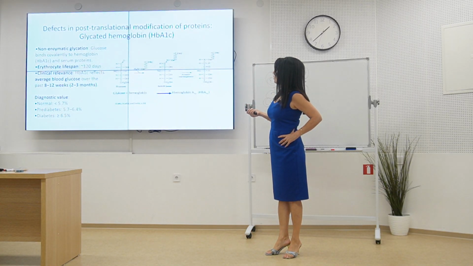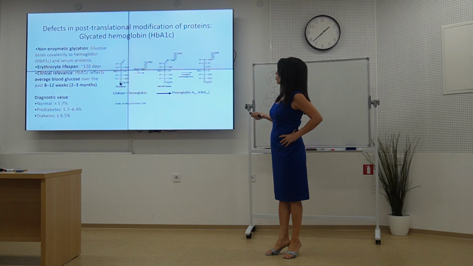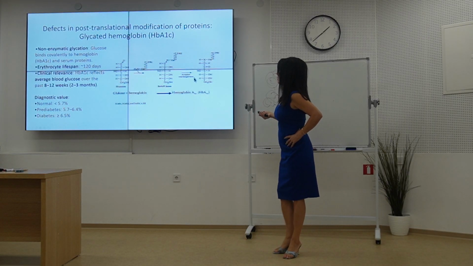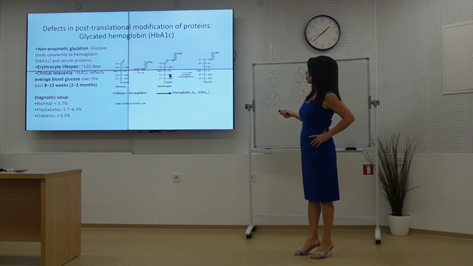And after this combination between glucose plus hemoglobin, there is an intermediate formation of a Schiff base between some residues of hemoglobin.